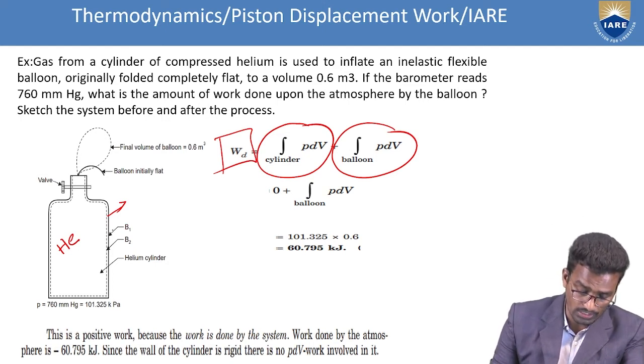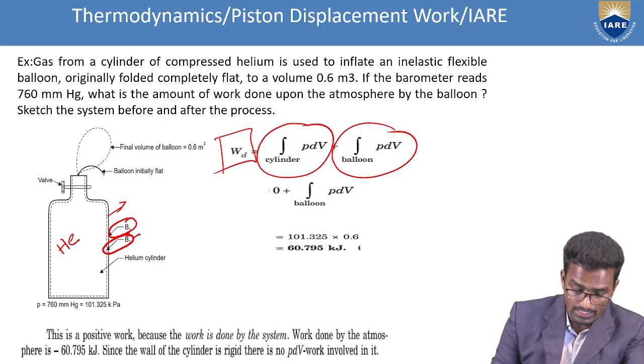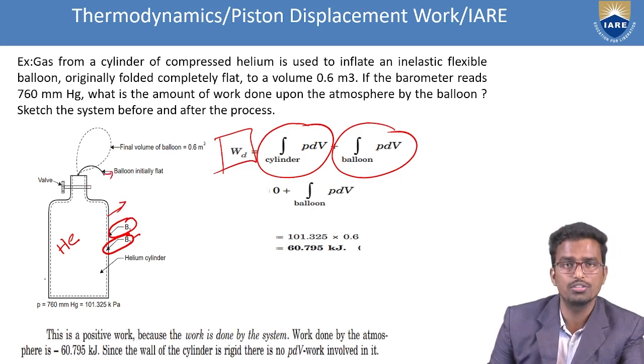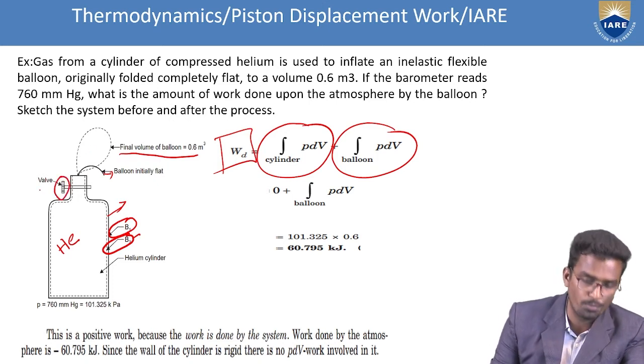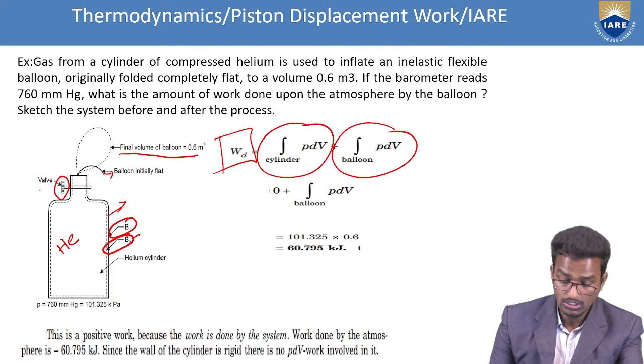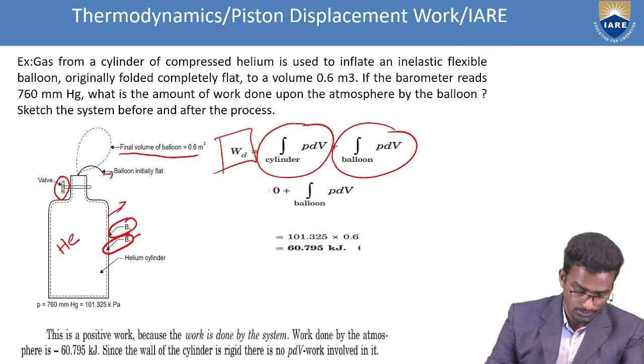Whatever the cylinder has, it has a boundary B1 and the gas inside has a boundary B2, we assume, and initially the balloon is in a flat condition. Then it reaches a volume of 0.6 meter cube, when it is open, the volume V. So this is the initial condition, right?